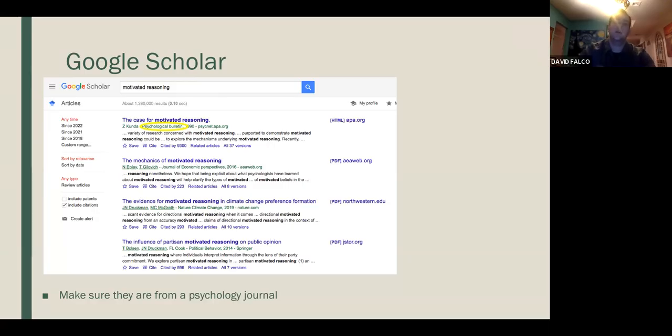You can also see below this, it says cited by 9,300 other papers. Generally, anything that's over 100 citations is a well-respected article that has gotten a lot of attention. If it's something in the thousands, this is a very famous study and something really good to cite. You can cite things with lower numbers of citations, especially if they're key to your argument.